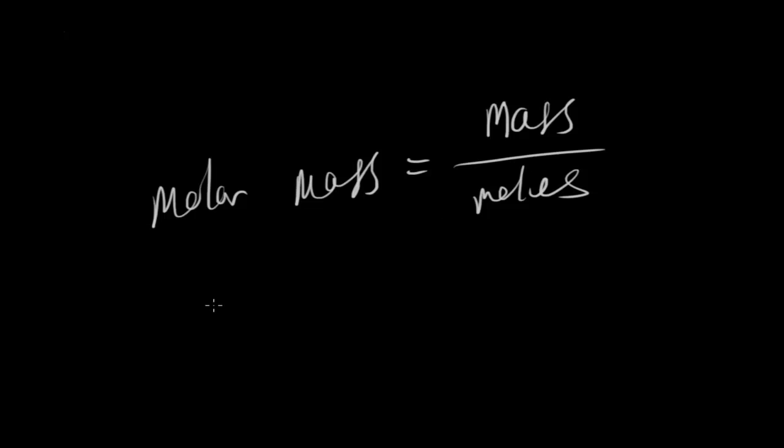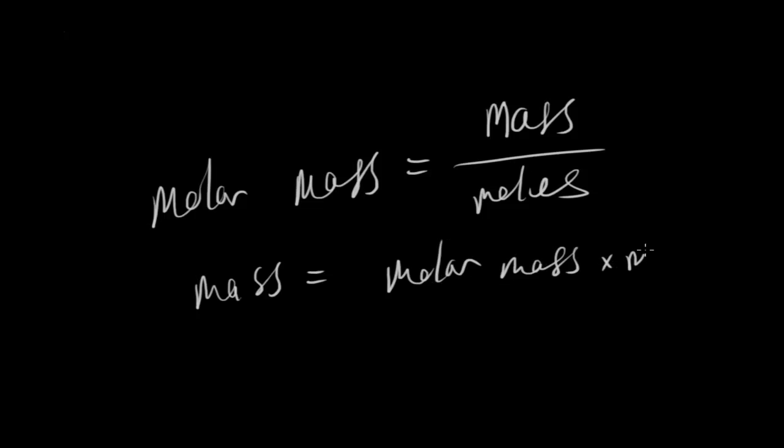So I can also represent this as mass equals molar mass times moles. If I wanted to find the mass, I could multiply both sides by the number of moles and get the mass.